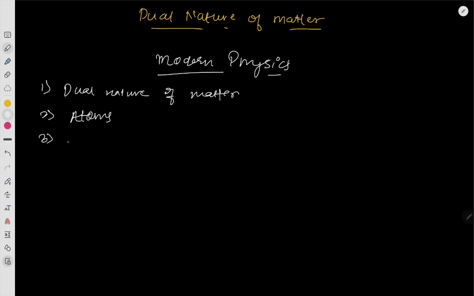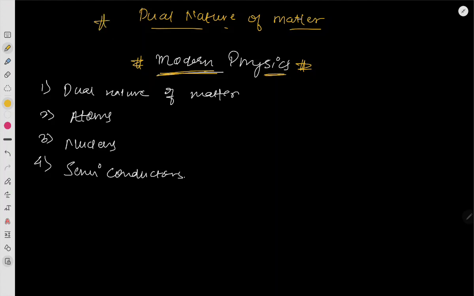Then the third one being the nucleus. And the fourth one is semiconductors. So this is how modern physics is developed, and today we'll be studying about this.